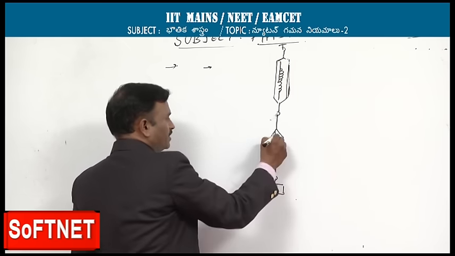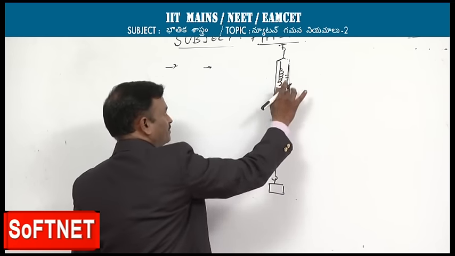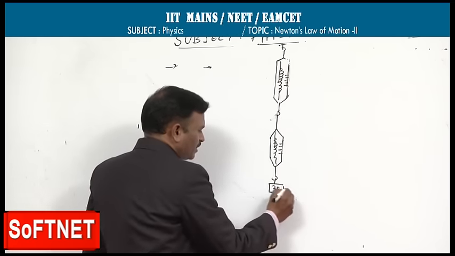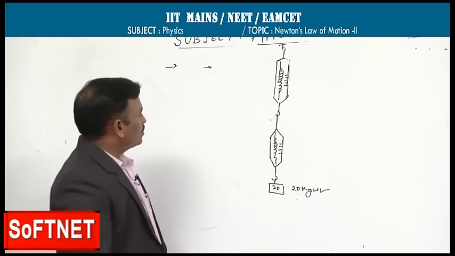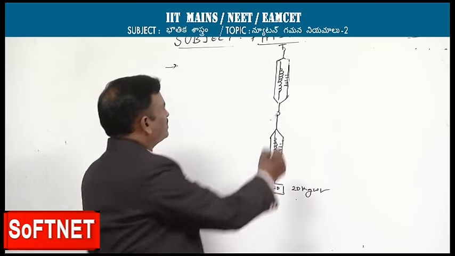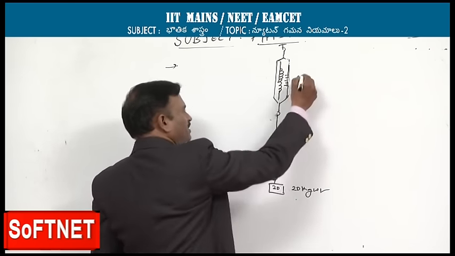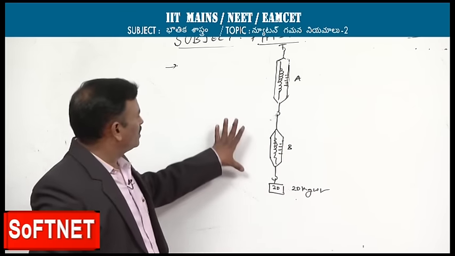Both are calibrated. The mass is 20 kg. The question is, what are the readings of spring balance A and spring balance B? It is just a concept based question.